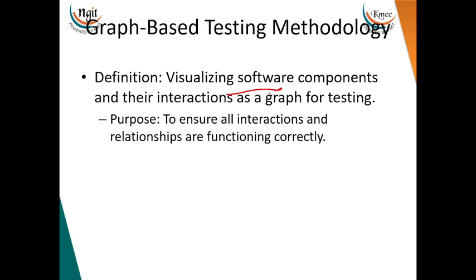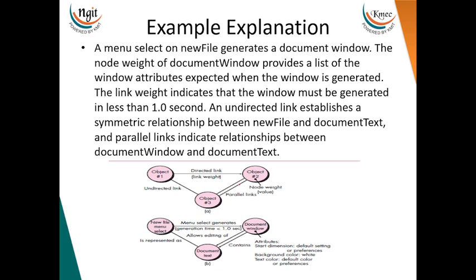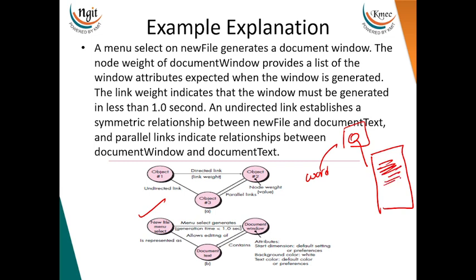Visualize the software component with interaction of the graph, and the testing purpose is to ensure all interactions are done correctly. Example, as I told you before: you have a menu, we call it generate. You select Word, then you open a blank document, you select the blank document, that blank document is open, then you start editing or writing something, then you go to the top and save, then come out.